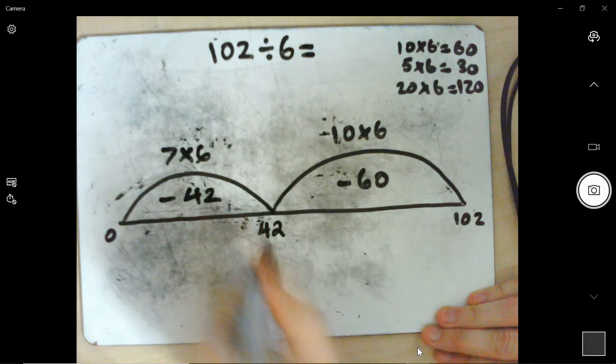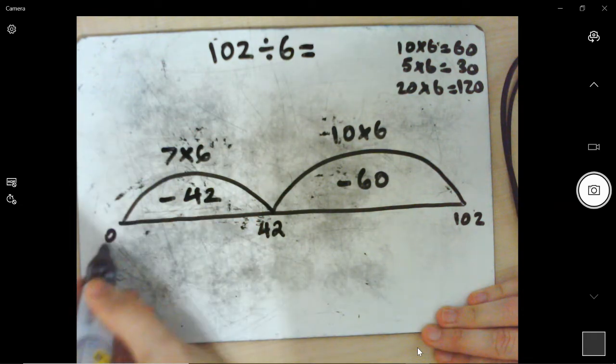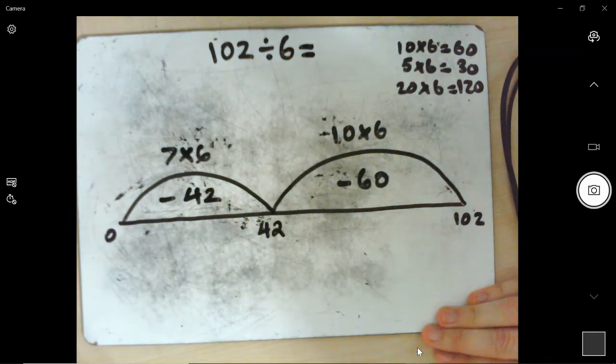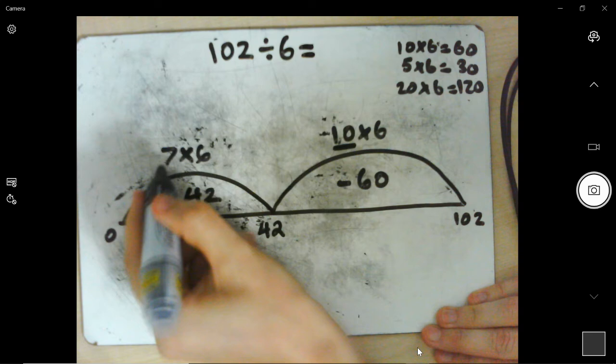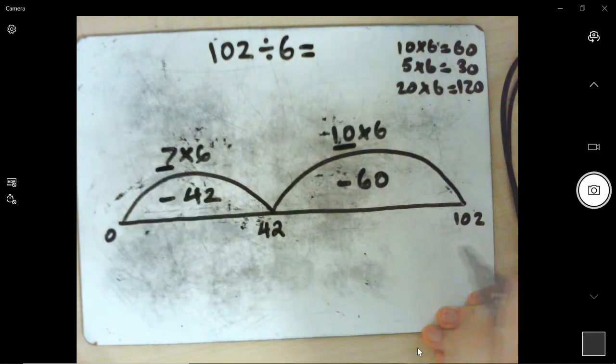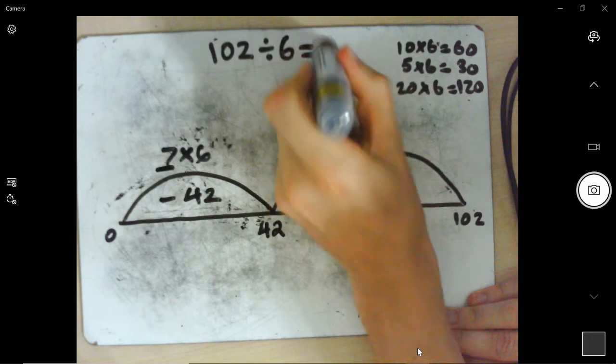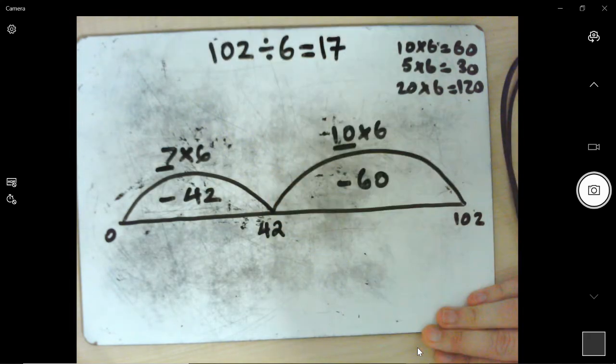And now I've landed on 0. So now it's time to find my answer. First of all, I took away 10 groups, and then I took away 7 groups. 10 add 7. My answer is 17.